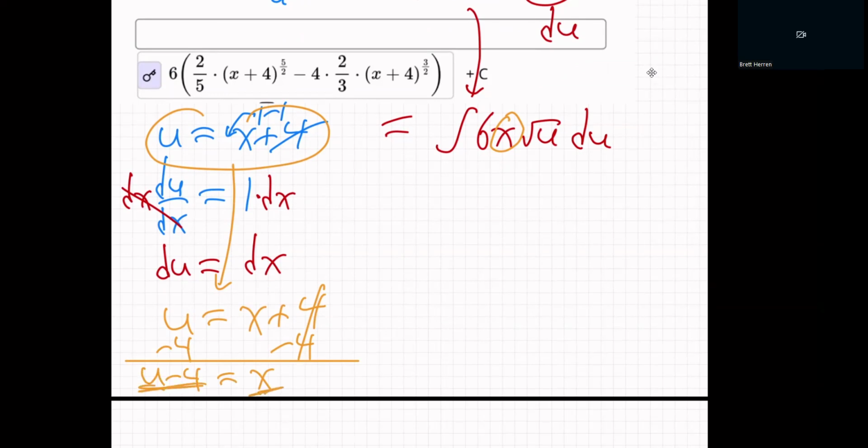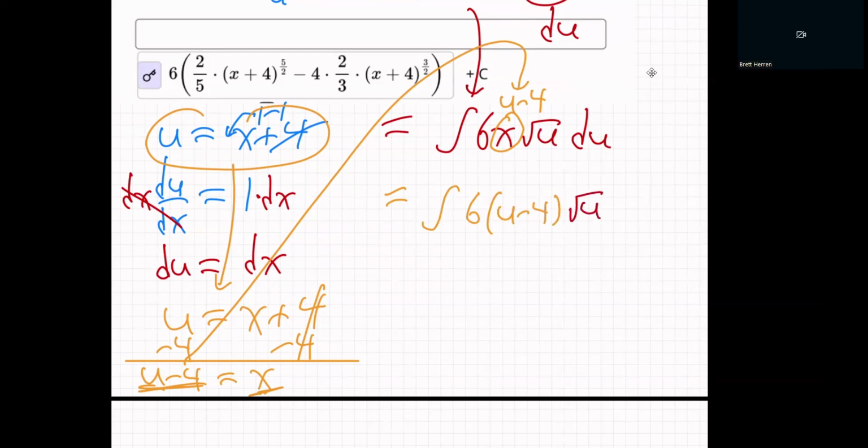So this integral becomes the integral of 6 times u minus 4 times square root of u du. That x becomes u minus 4. So now it's all u, as the saying goes. It's all u, so now we can do it.